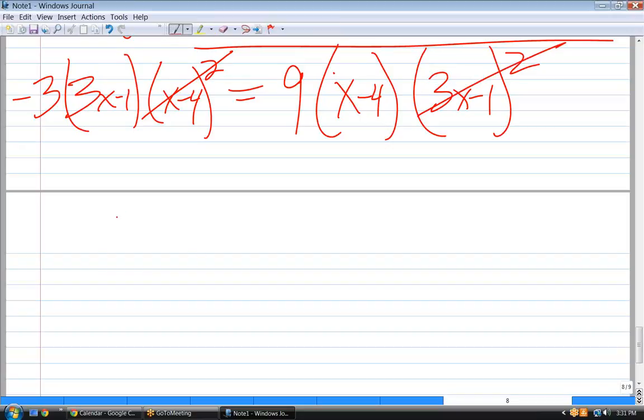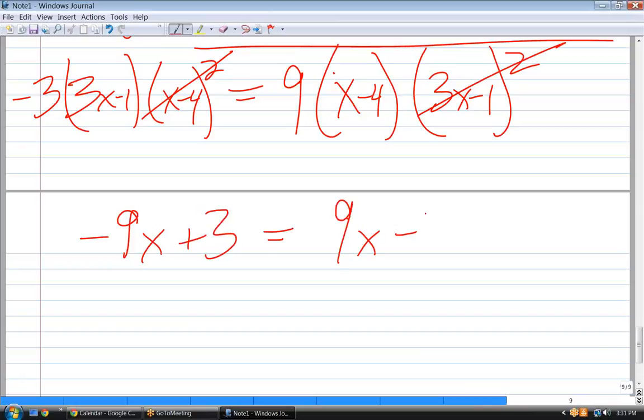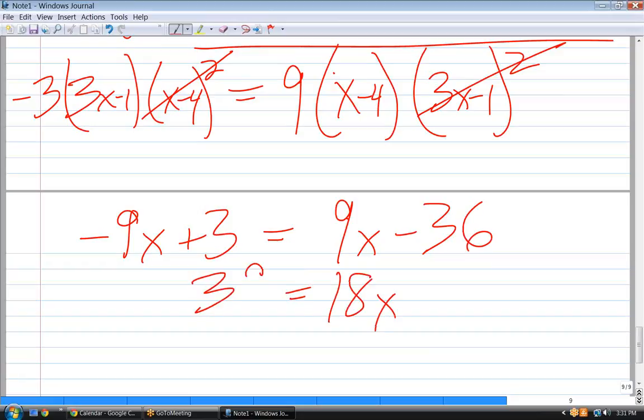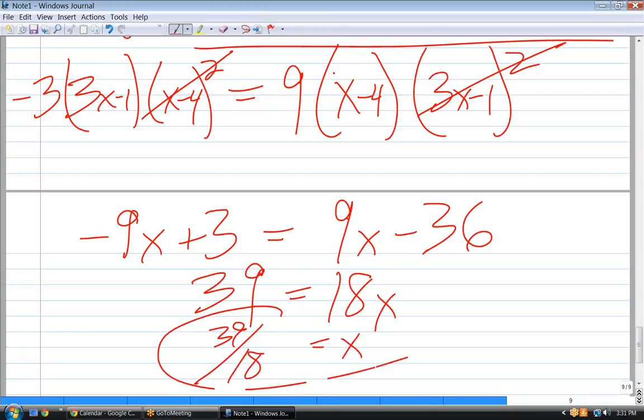So now what do I have? I have minus 9x plus 3 equals 9x minus 36. Well, that's easily solved. 18x equals 39. X equals 39 divided by 18.